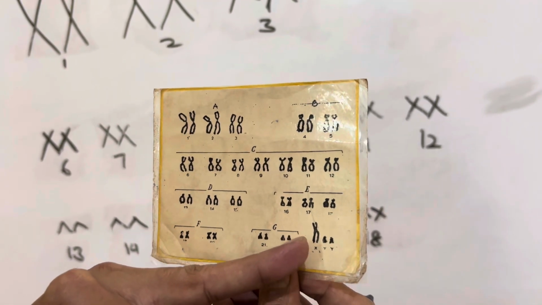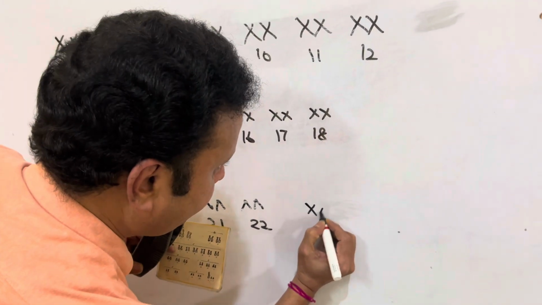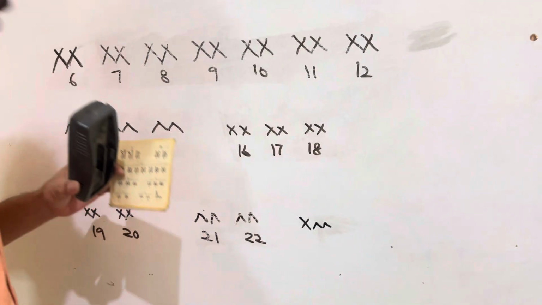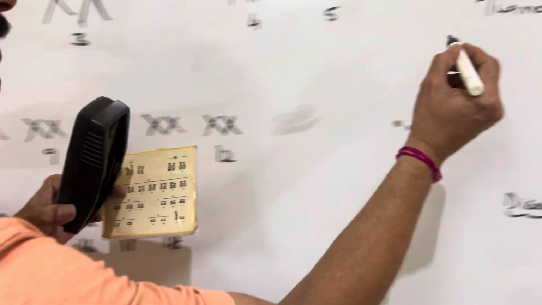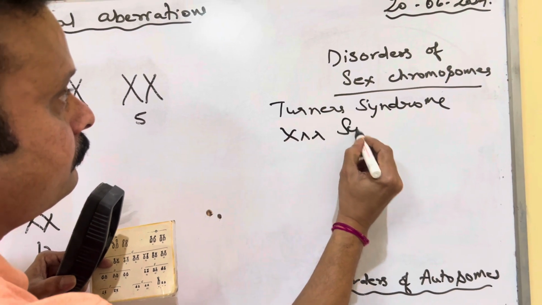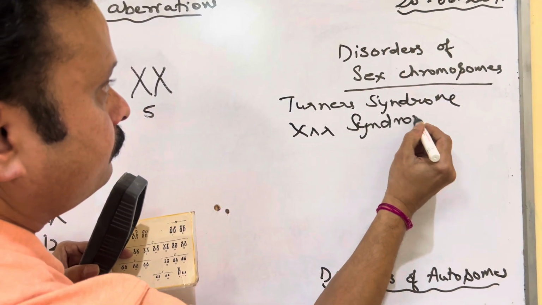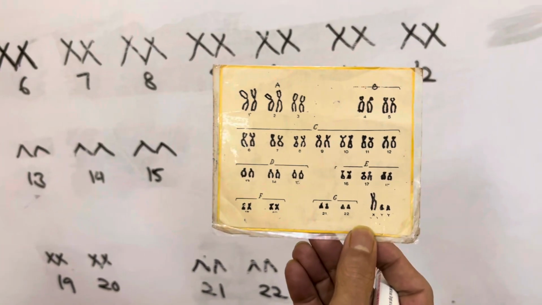At the end, one X and two Y. So it is like this, one X and two Y chromosomes. So this syndrome we call as XYY syndrome.